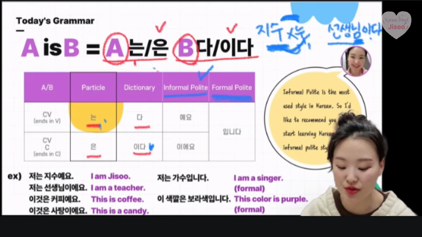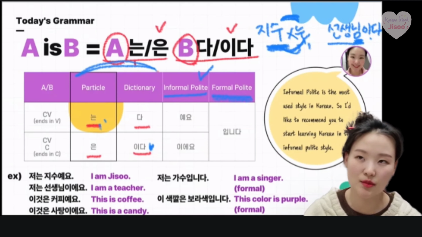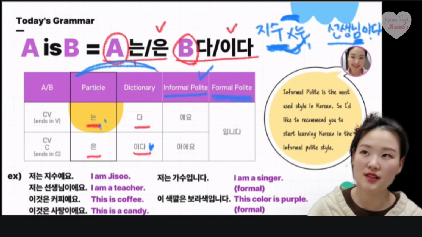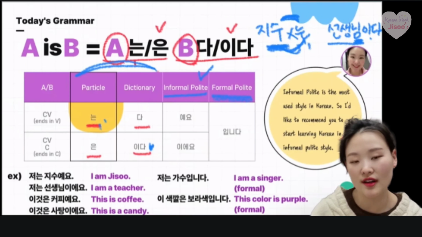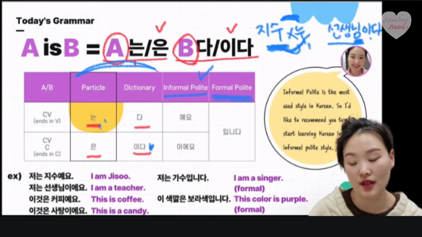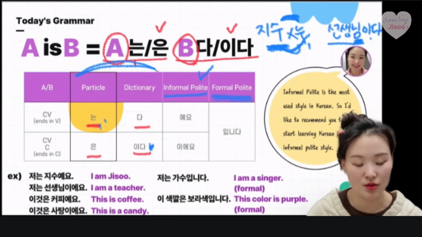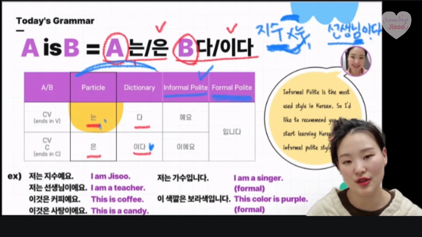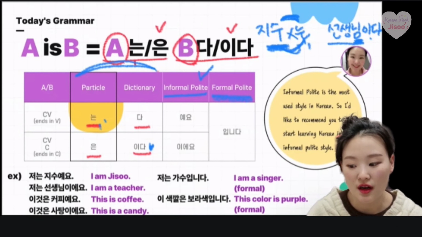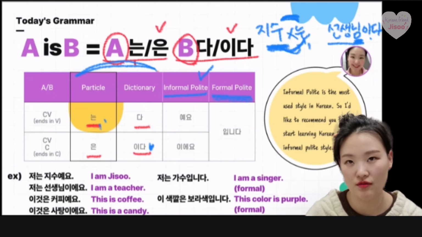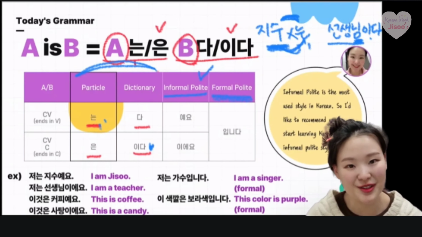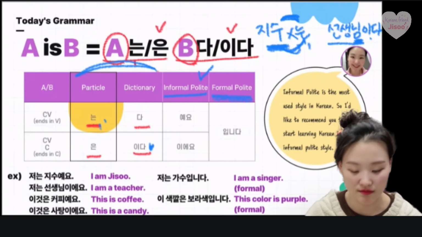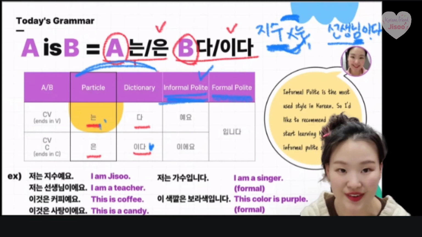And you can say it in this casual way, more like a dictionary way, to someone who is younger than you or someone who is close to you, like your best friends or your family. But I think it's even better to use a respectful way to someone who's close to you, right? So I recommend you to be a little bit more polite, but not formal. Informal polite is very good.